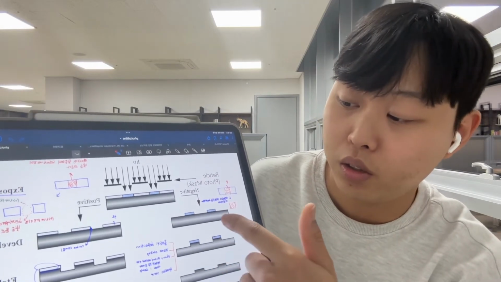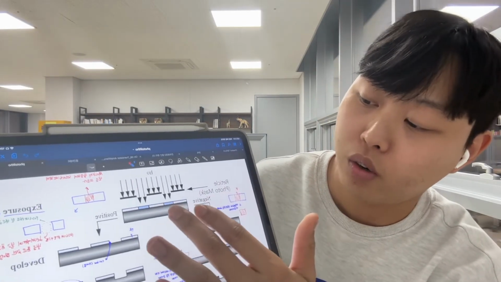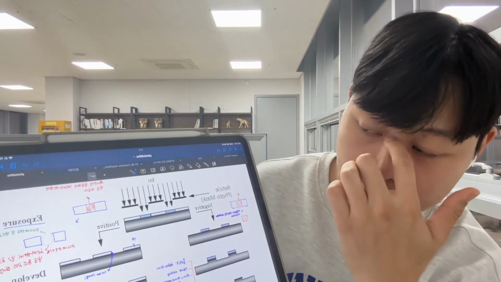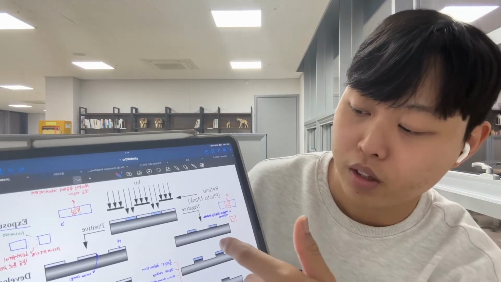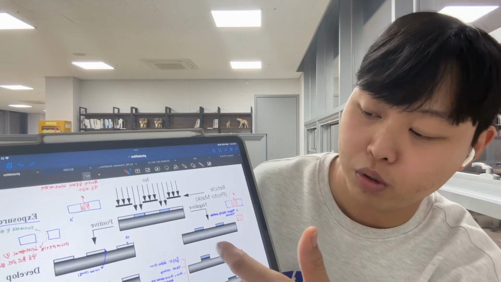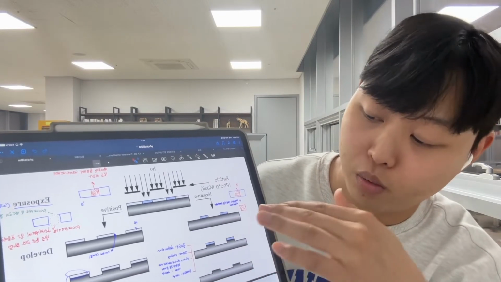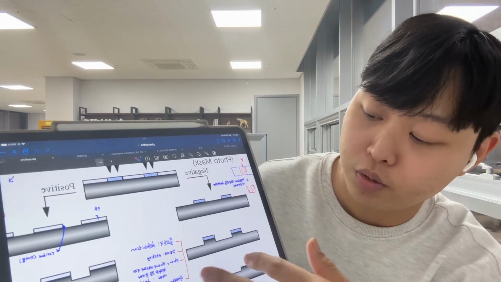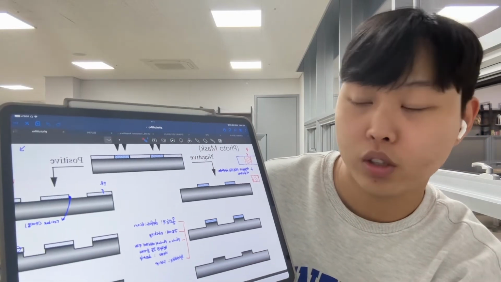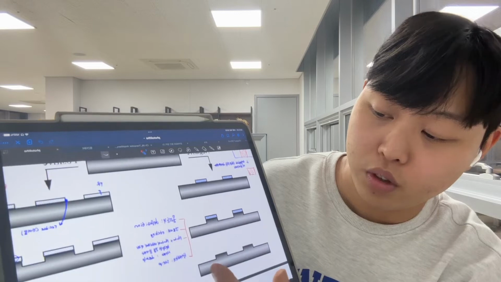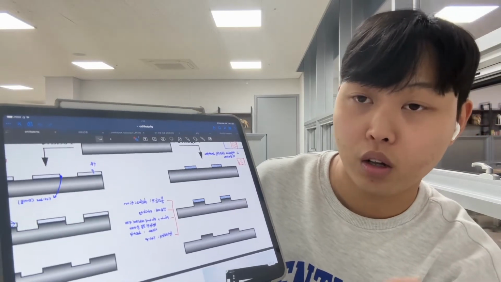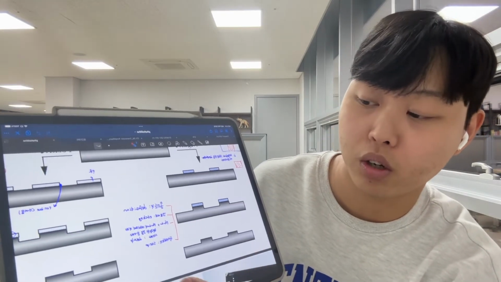As you can see here, we put a negative PR over the silicon substrate and we expose the light, and the place where the light got exposed remains here. We use the same steps: etching for removing the residue of PR, and after it, we want to remove all of the PR, so we use a step called stripping.